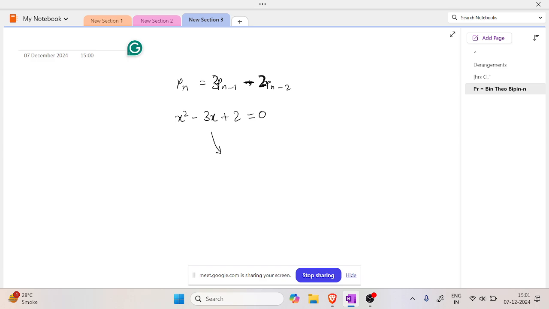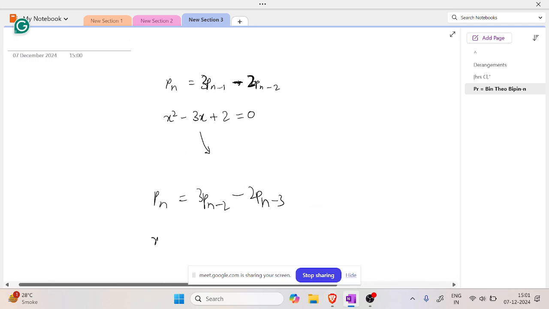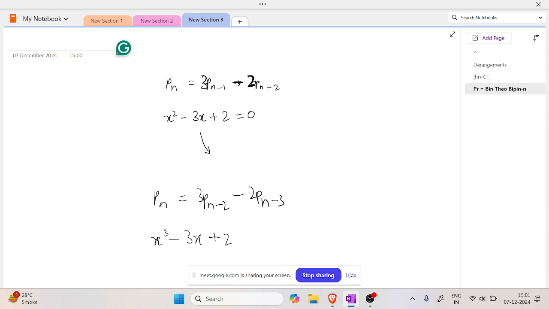So you can consider this equation because the idea behind this method is that you assume p n equals C times alpha to the n plus D times beta to the n.